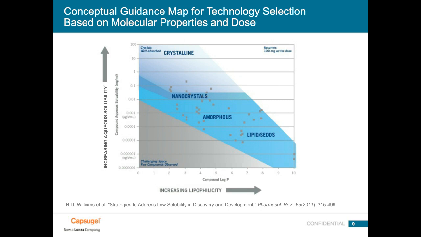But you can see for the highly soluble compounds, crystalline forms are typically well absorbed without the need for bioavailability enhancement. And then we can go to nanocrystals as we become dissolution rate limited. Amorphous forms work very well for very low solubility compounds. And lipids have particular advantages for high log P compounds, so we see it there in the bottom right. There are, of course, a lot of other factors that influence what technology we might select, and we'll discuss that more in the coming slides.